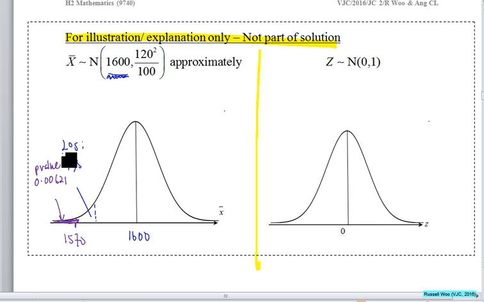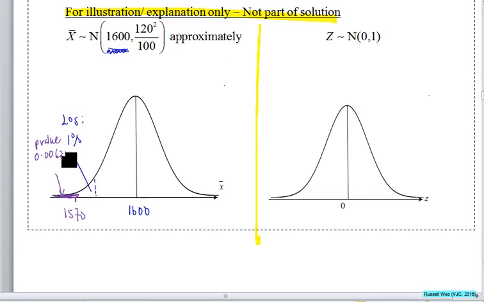Then we say, since this p-value is small compared to 1%, which is 0.01, therefore we reject H naught. Rare event, far away from 1006.